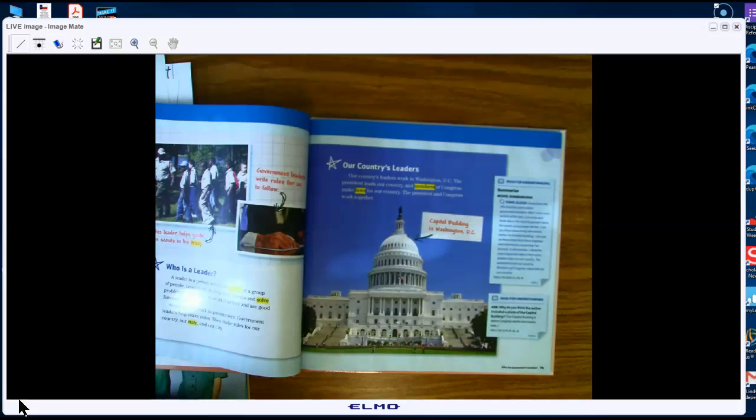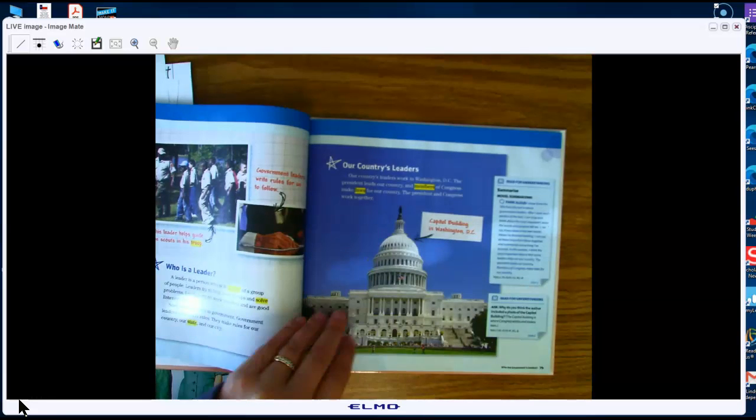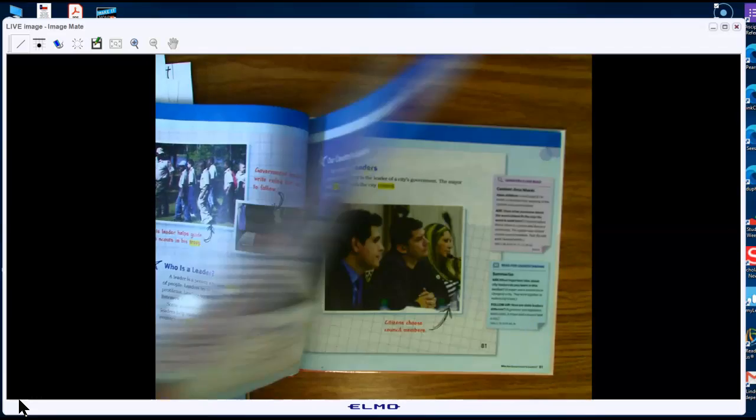No. So what is members? Blaze? Well, do you have the president? You're a member. No. A group, right? So we're members of this group. These are members of Congress, and you're right. Members of Congress make laws for our country, and they work together with the president.